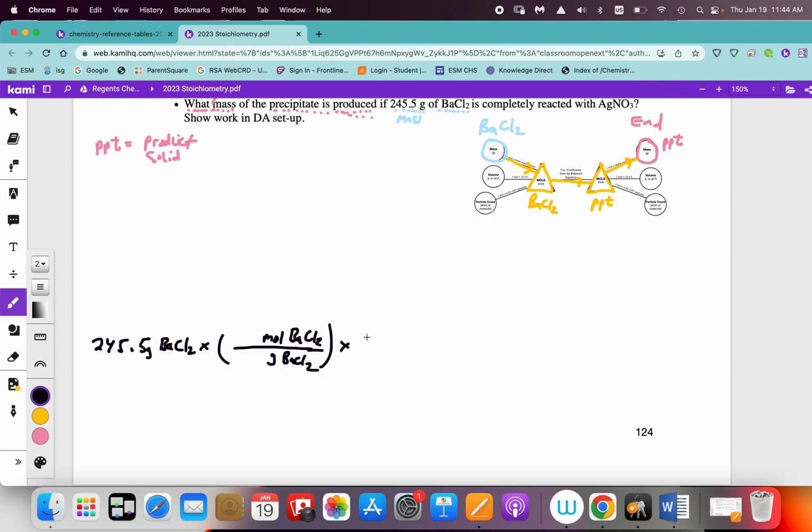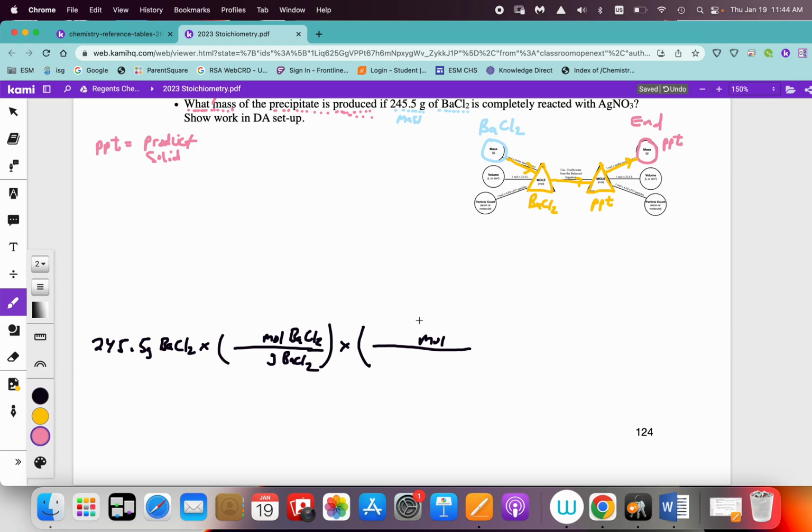Next, once I am here in the moles of barium chloride, I want to get to moles of the precipitate. So I'm just getting myself set up. I'm going to put moles, and I want of precipitate.